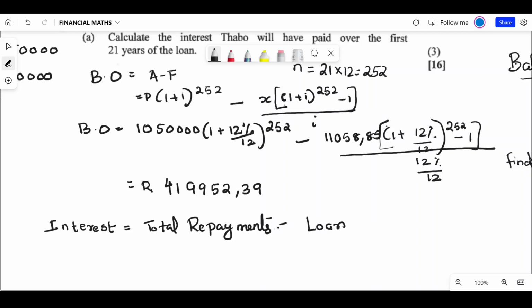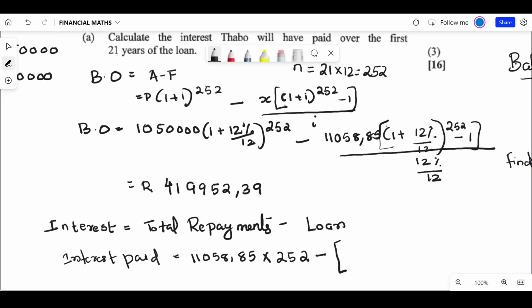So the difference will be the interest paid. But in this case, the interest paid is going to be total repayments, which means you are paying 11,058.85 every month for 252 months, 21 times 12, minus what is the loan that you have paid.